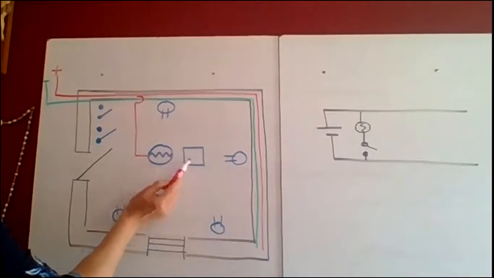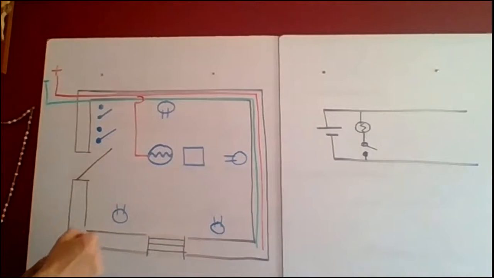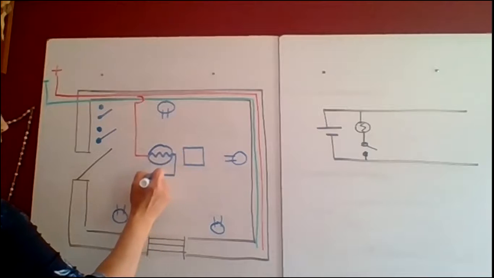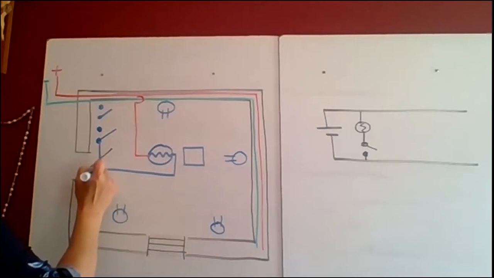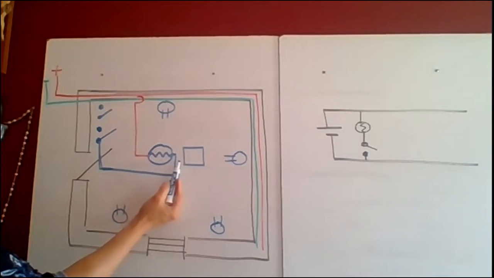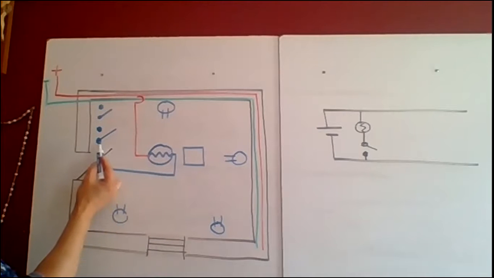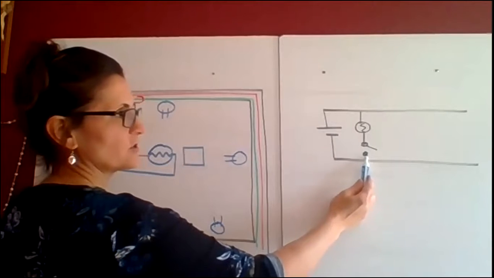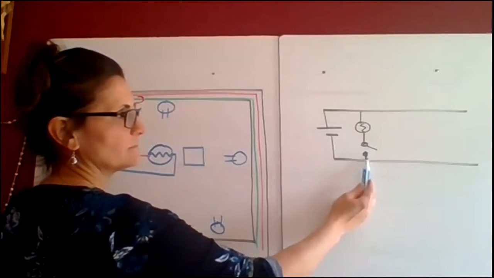Here's where I leave my light. Here's my switch. I'm going to draw that in a neutral color because it is not connected to negative or positive. I just go back to my switch. So here's my line. I go back to my switch. Drew, when I leave the switch, where do I go?